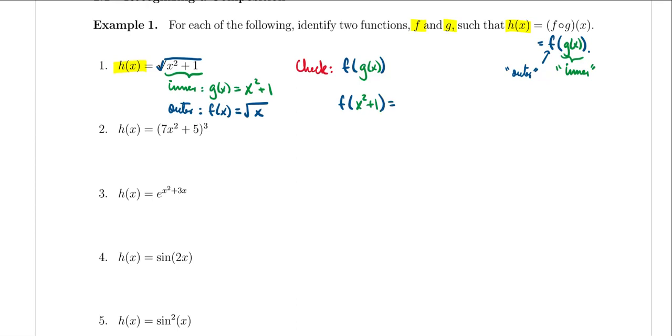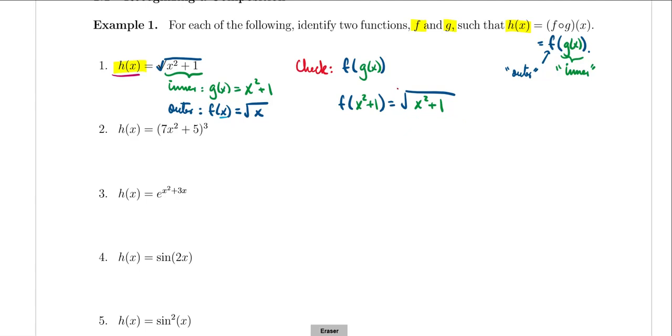So let's see, if we place the x squared plus 1 inside of f, now what was the function f doing? The function f was telling you to take the square root of whatever your input was. Now in this case, our input is x squared plus 1. So I'll put my input x squared plus 1 inside the square root function, and lo and behold, we do indeed get the h of x function here.